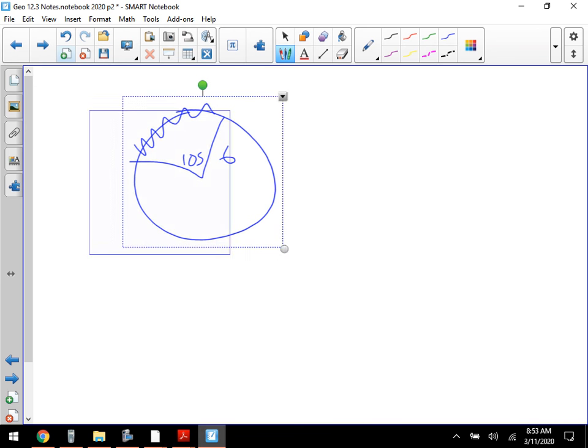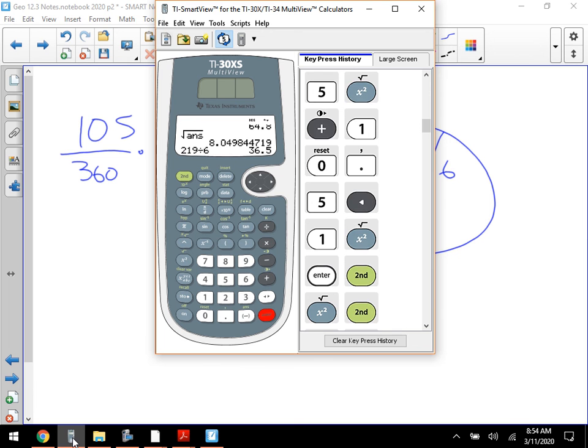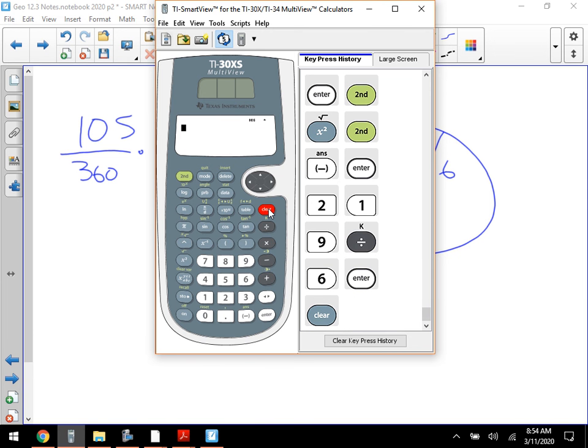Again, you have arc length: central angle 105 over 360, times 2, times 6, times pi. When you get to that, remember, that just means you have to press buttons on the calculator. Arc measure is always the same. Arc length is different. That's where you have to read carefully, which is why we say arc length versus arc measure.